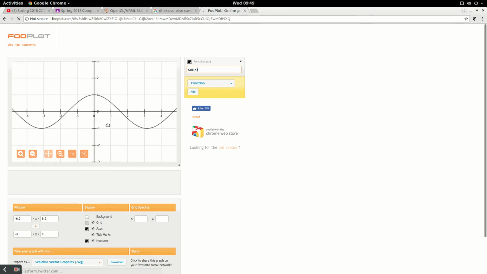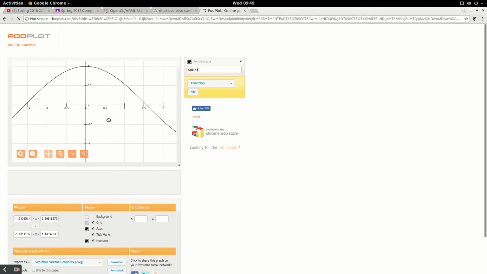Okay. We know cos x, right? We know the cos curve. This is how it behaves. At 0 radian, what's the value of cos? 1. And at pi by 2, which is also 90 degree, cos is going to be 0. At negative pi by 2, what's the value of cos?